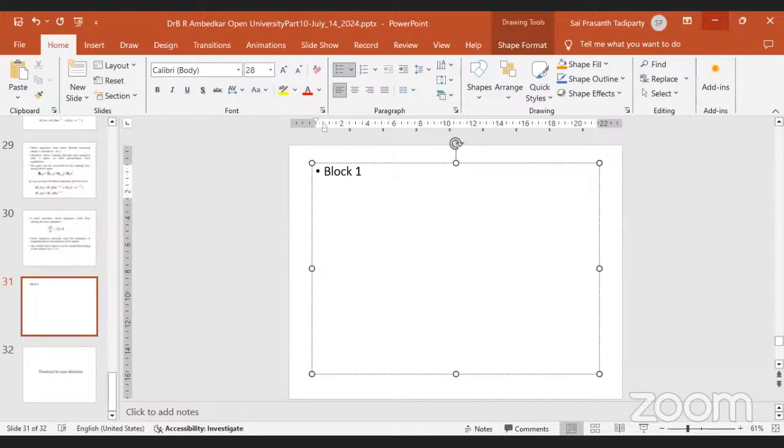Here you can see the classification of how gamma rays interact with matter. One is the photoelectric effect, the second is Compton scattering, and the third is pair production.